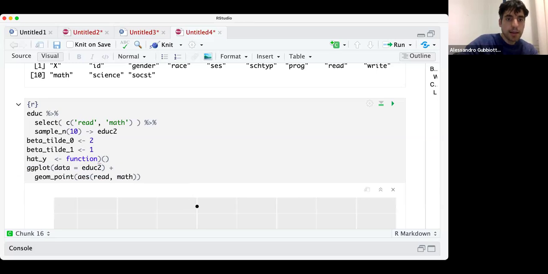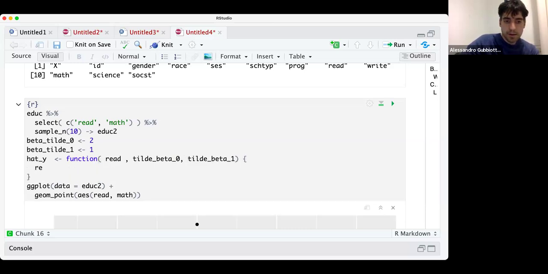X in this case is the reading score, read, and takes in input also a tilde beta 0 and a tilde beta 1, and simply returns tilde beta 0 plus tilde beta 1 times read, the reading score.